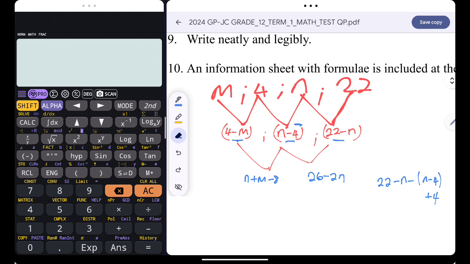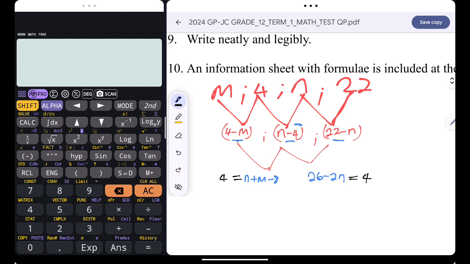So this is my quadratic number pattern. But what do I know about the quadratic number pattern? I know that the second difference is common. Since I was told that the second difference is equal to 4, this over here is equal to 4, and that over here is also equal to 4.